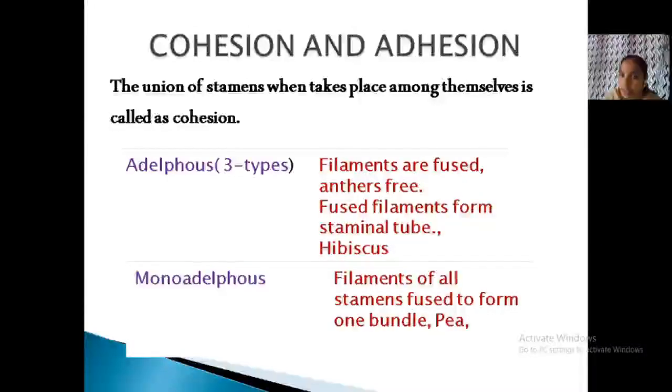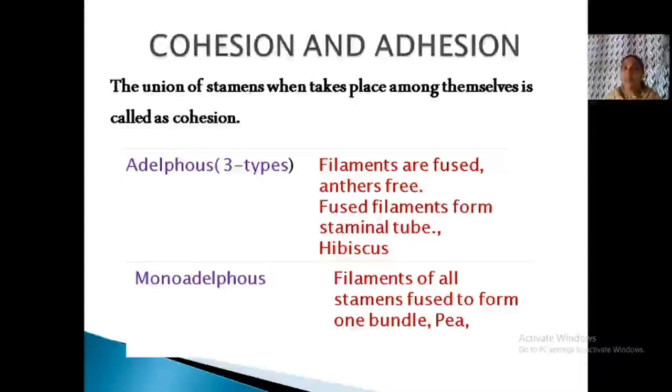Filaments fused and anthers free, that is Adelphi. Monadelphi means filaments of all stamens fused to form one bundle. What is free here? Anther free. So Adelphi is a condition where filaments fused and anthers free.